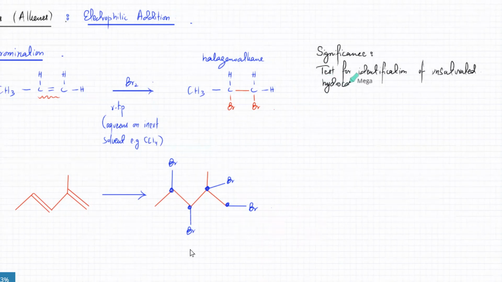And what is the observation? What will happen when bromine reacts? Orange to colorless. So it's red, brown, or orange. All these words are used: red, brown, orange. Br2 is decolorized.